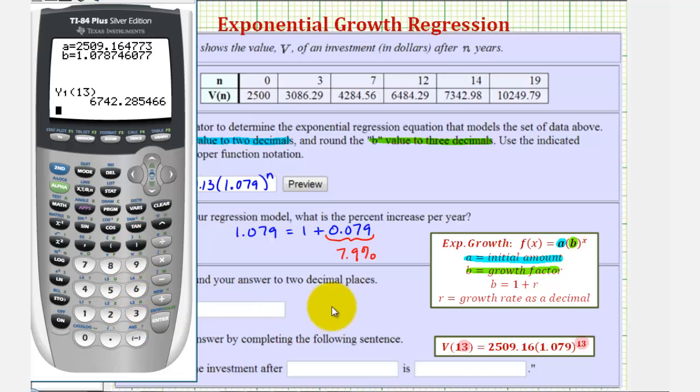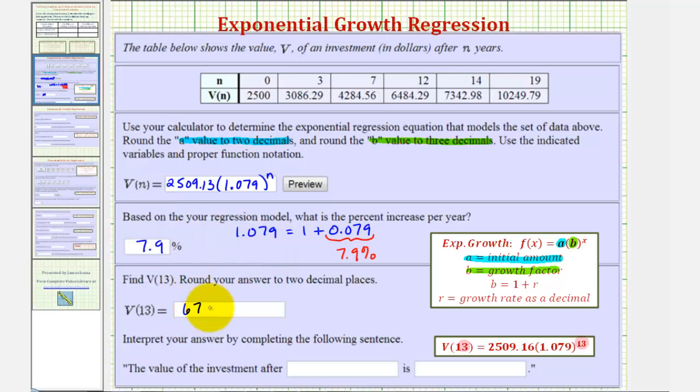To 2 decimal places, this would be 6,742.29. Which means the value of the investment after 13 years is $6,742.29. So it's important that we do enter years here and dollars here.